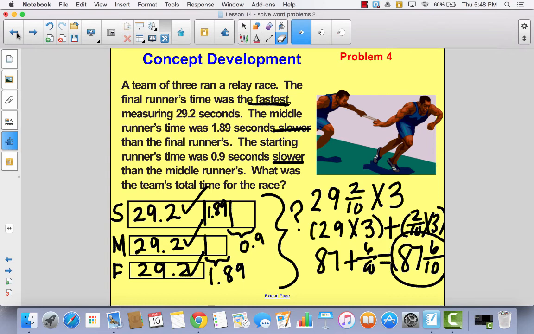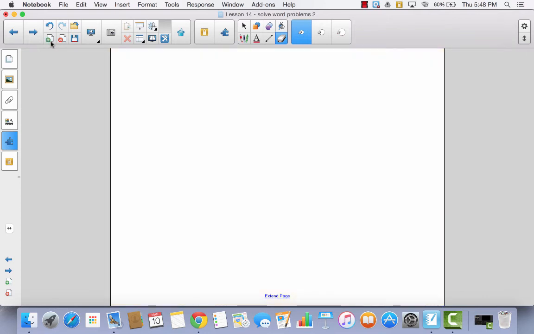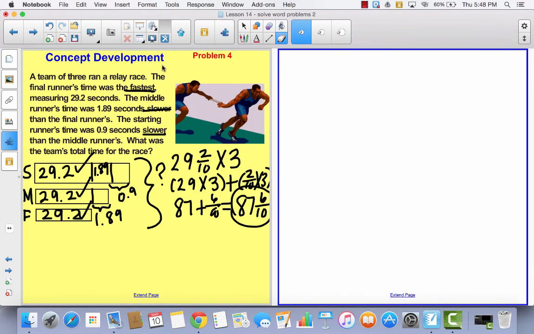Now I still have to add 189/100, 189/100, and 9/10, or 1 and 89/100. So let's do that. Let's do split screen so we can see everything here. So we've got 189/100 plus 189/100 plus 9/10.